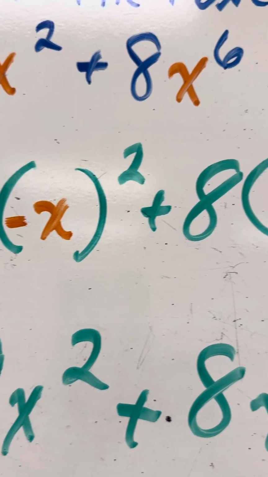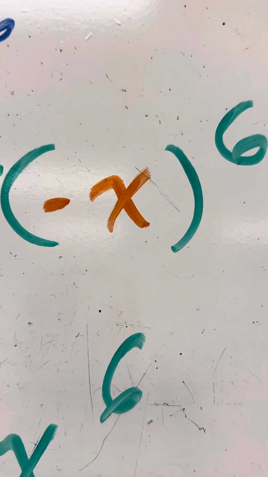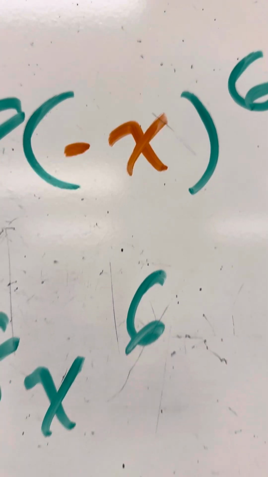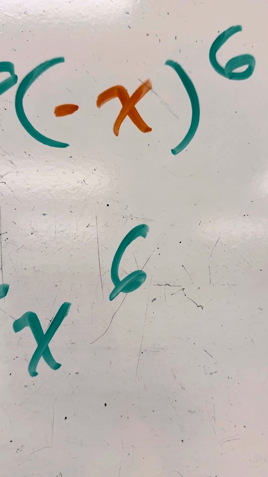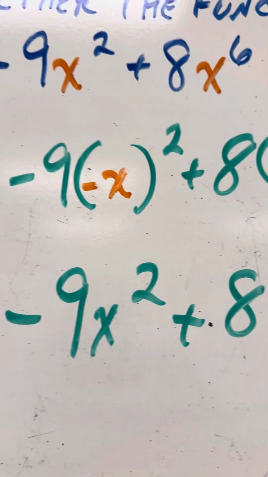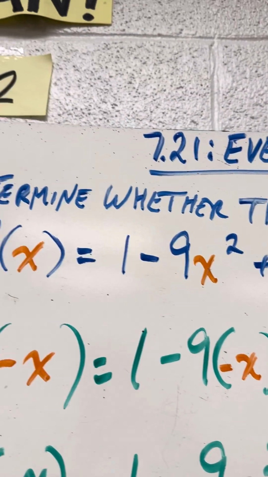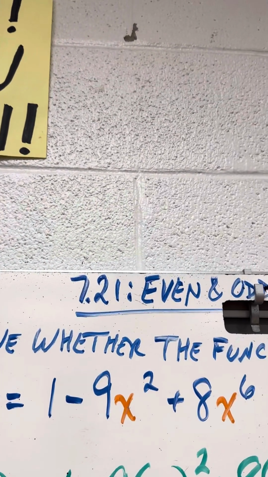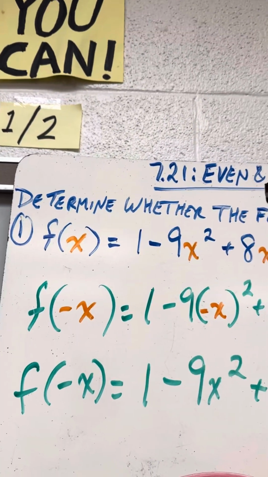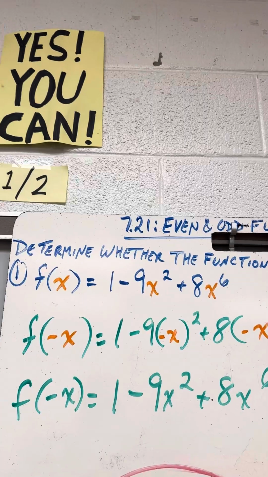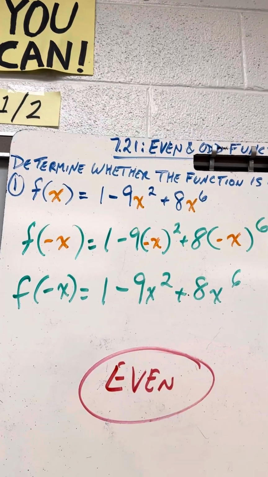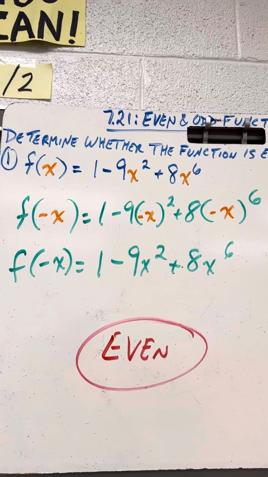In fact, whenever you have an even exponent, a negative x will come out positive, because negative times a negative is a positive. So note that f of x equals 1 minus 9x squared plus 8x to the sixth. f of negative x also equals 1 minus 9x squared plus 8x to the sixth. That is an even function.